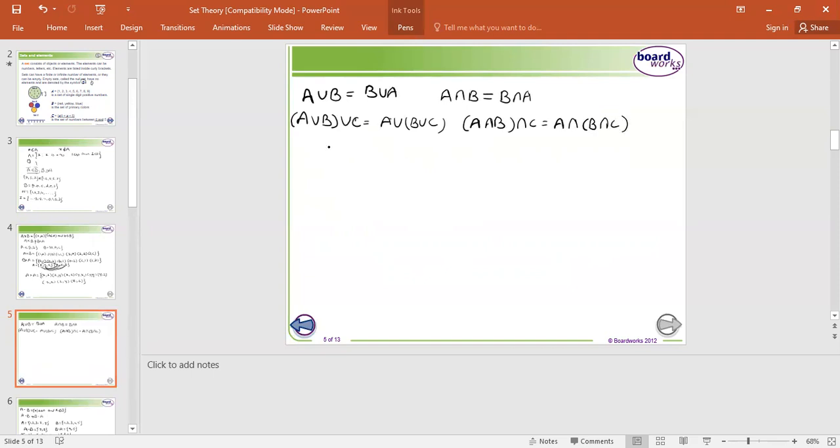This is the associative property. Third is the distributive property. Union of sets is a distributive operation over intersection of sets.